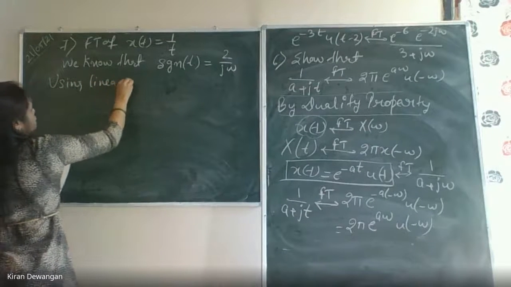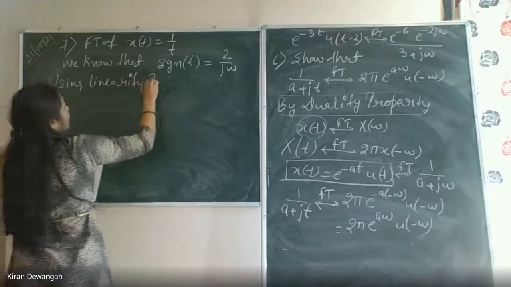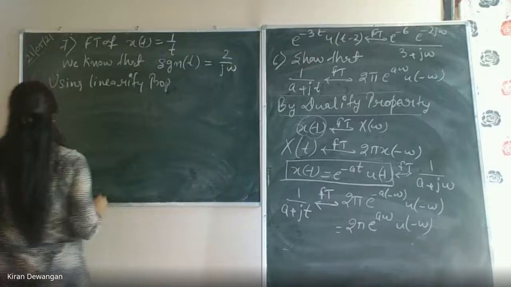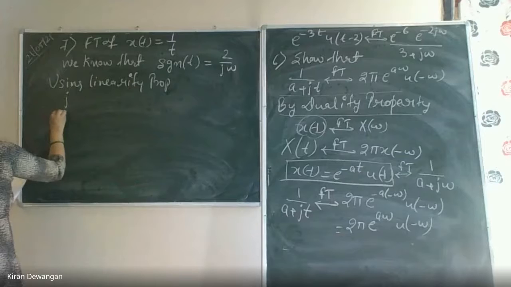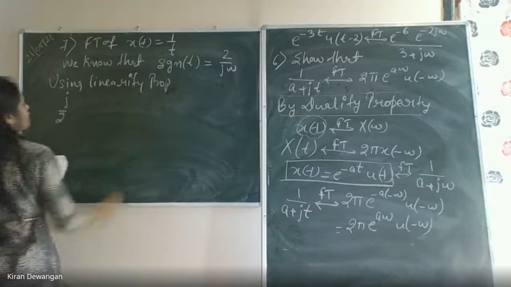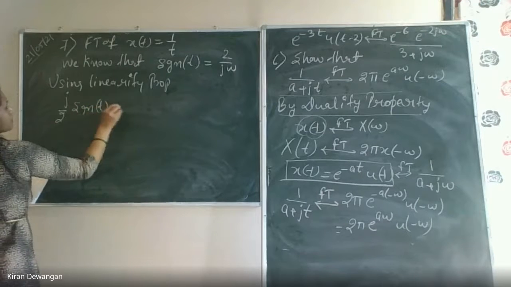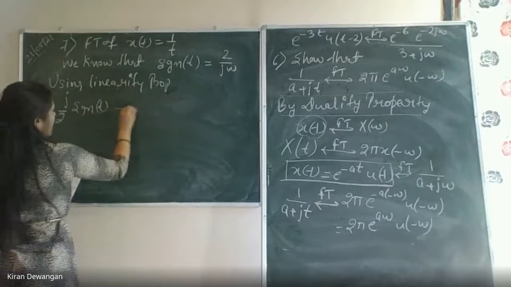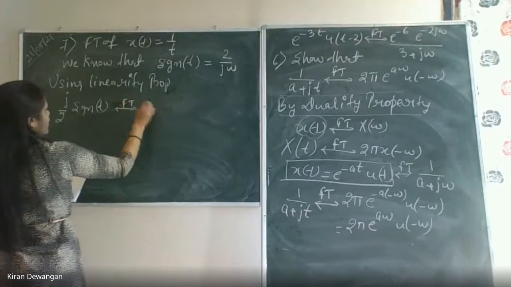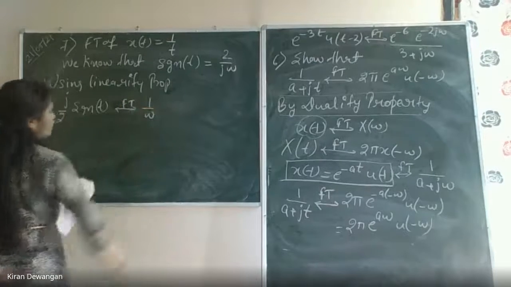Now using the linearity property first, if I take j by 2 times signum t, this will have the Fourier transform 1 by omega, right?